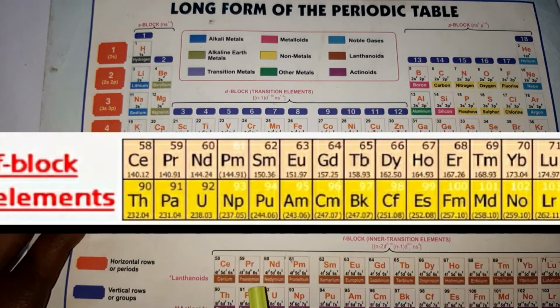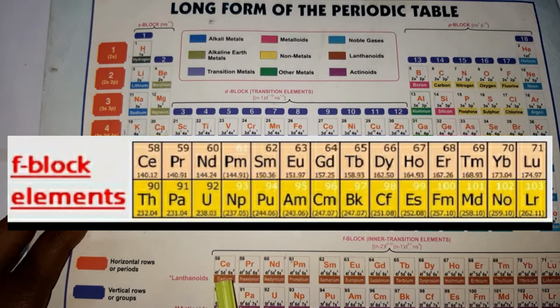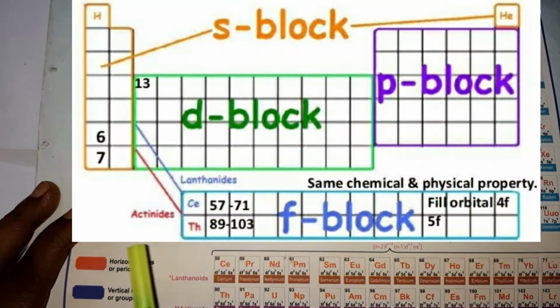And we have from atomic number 58 to 71 and 90 to 103, these elements are called F block elements or inner transitional elements, children. So S block, P block, D block and F block elements.